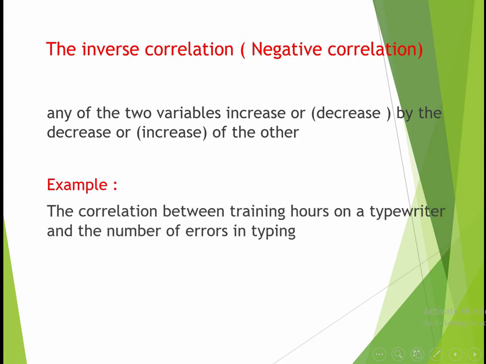For example, the correlation between training hours on a typewriter and the number of errors in typing. If I spend more and more time training, I will be better than at the start and the errors will decrease. So training hours increase, errors decrease.